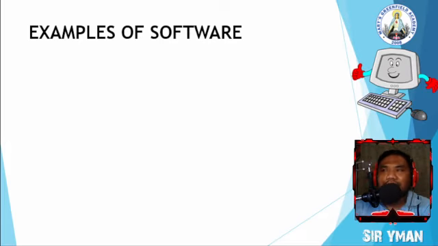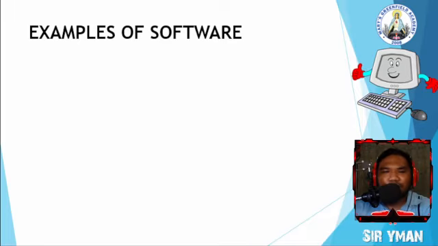Isa siyang application software. Calix, nagmamark nga pala ako ng mga nagre-recite. Okay, kahit isa pa. JB. Windows. Yes, Windows. So Windows is an operating system. Okay, Lian. Games. Okay, so games ay mga application software din.